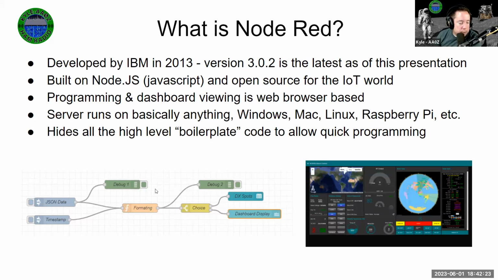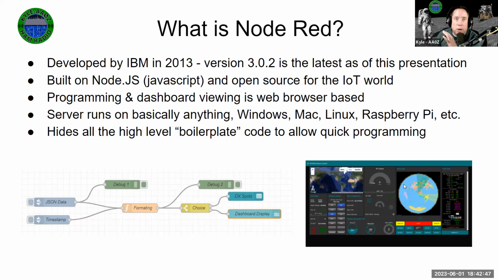Down here on the left-hand side is what we call a flow. Those are building blocks, and you connect those building blocks together to perform a task. After you perform that task, usually you display things out on a dashboard. This is what a dashboard looks like on the right-hand side.